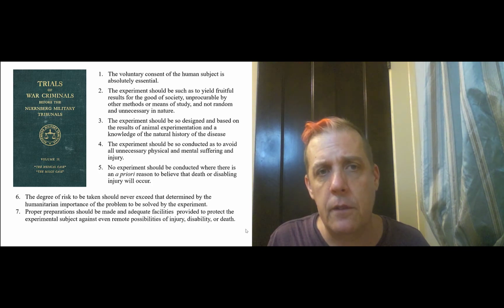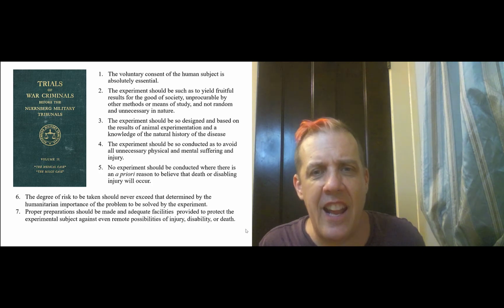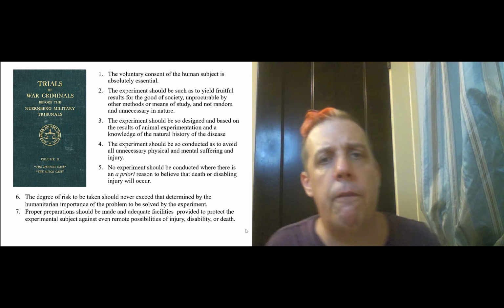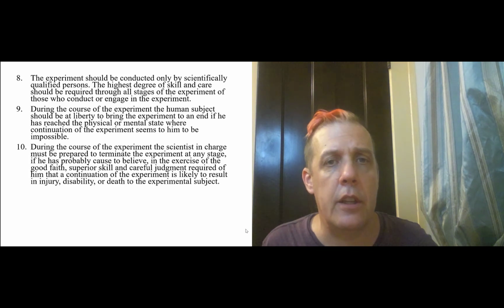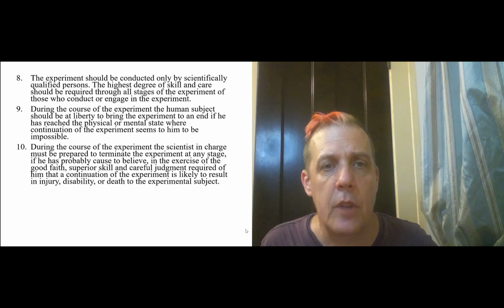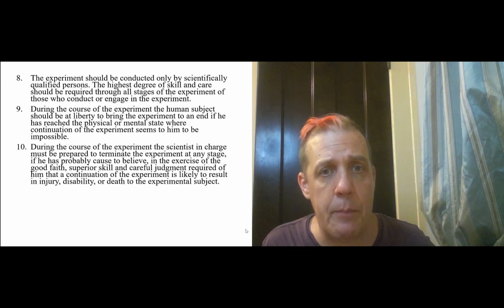There was a lot of, let's see how long it takes someone to freeze to death. And, well, you've read the full thing. I'm not going to read it out loud here. Another one is that if you're being experimented on, you should be allowed to leave. You can't be trapped in an experiment if you decide that it's too much for you.